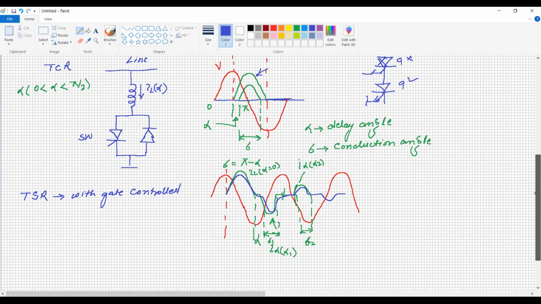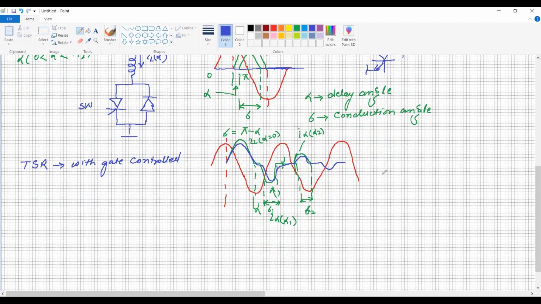Before going to that, we just want to see the variation of inductor current with respect to firing angle or delay angle. So here is the firing angle, okay, and here is the current, IL, as a function of firing angle.